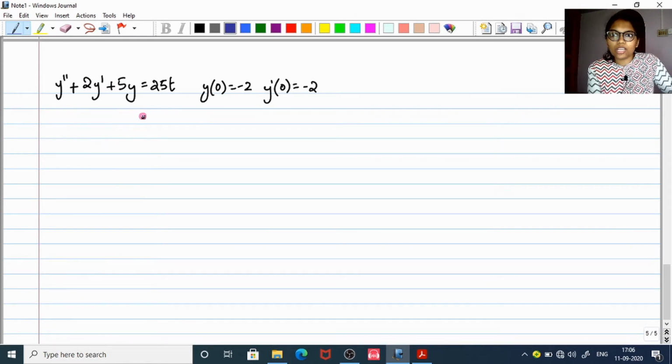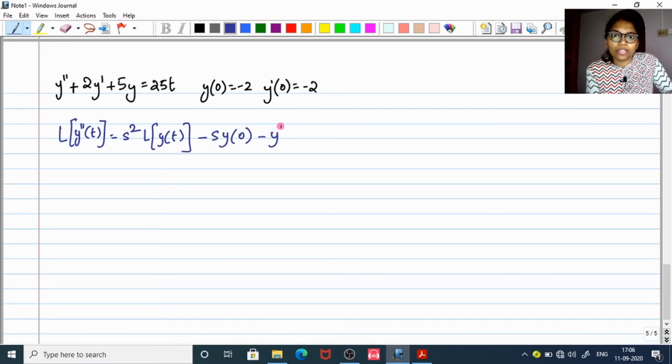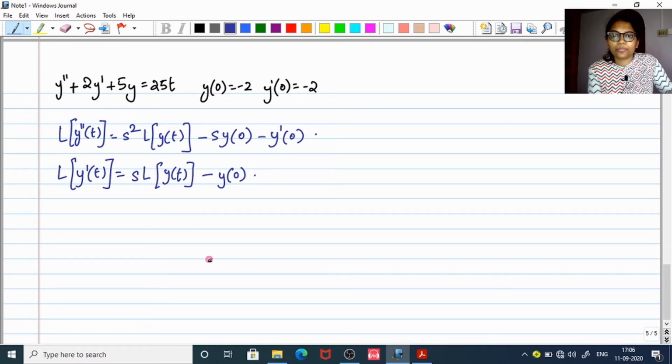To do this kind of question, you need to know Laplace of y double dash of t is equal to s square Laplace of y of t minus s y of 0 minus y dash 0. Also Laplace of y dash of t, the first derivative, is s L of y of t minus y of 0. That is the first term.